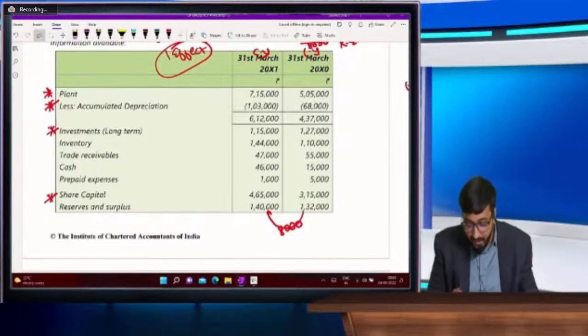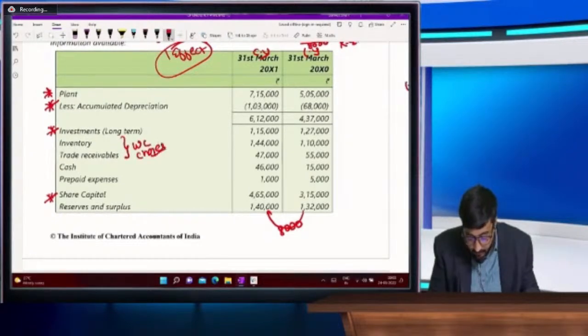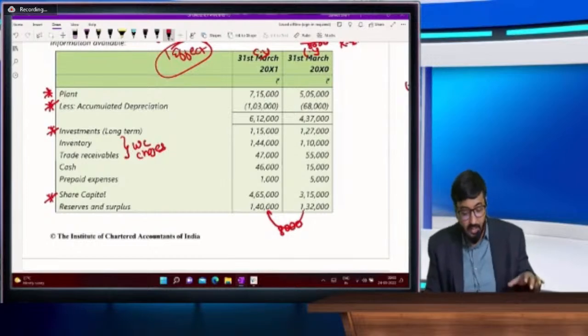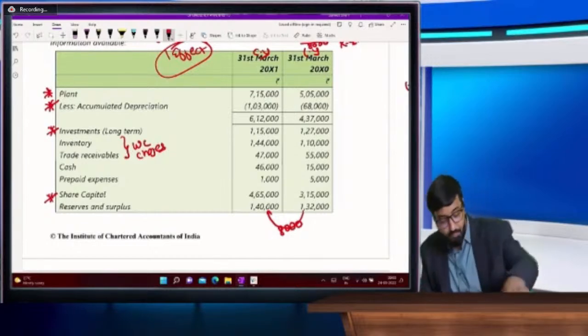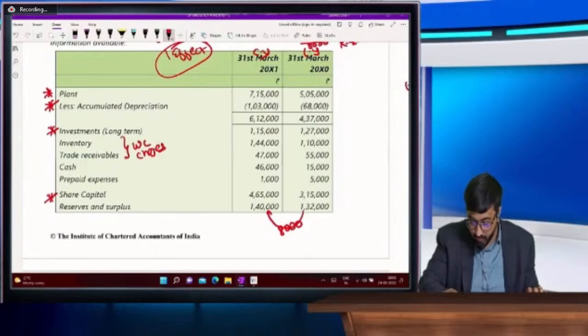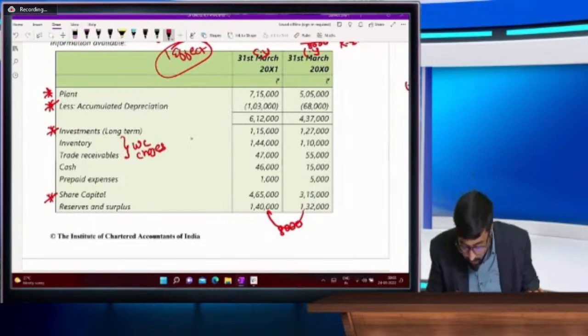Inventory, indirect method, inventory went from 110 to 144. So these are working capital changes. Take on calculator 144 minus 110, you will consider 34,000 as stock.